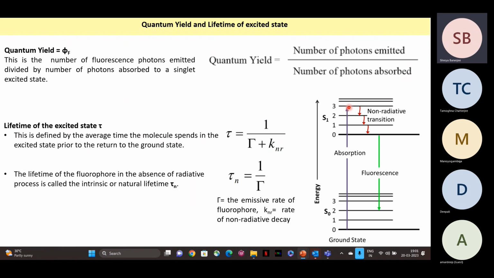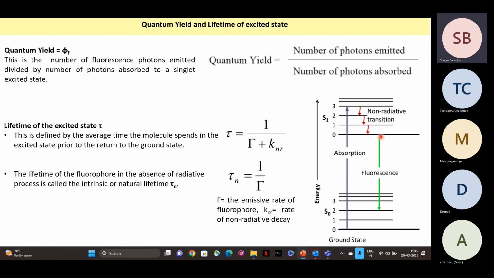Suppose the molecule is promoted from S0 to the S1 excited state. The energy can be released in two kinds of ways. One is the non-radiative transition, shown by these red arrows, where there is transition between the different vibrational energy levels. This energy is mainly lost as heat. When the molecule collides with other molecules or with solvent molecules, the loss of energy as heat due to these collisions is the non-radiative transition.